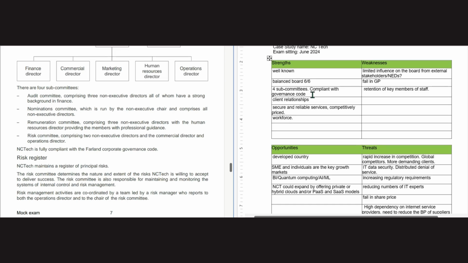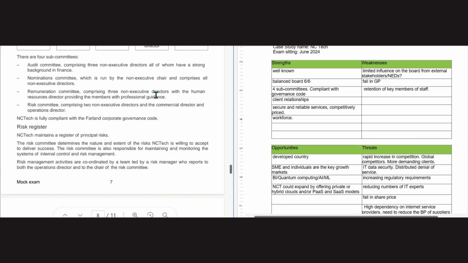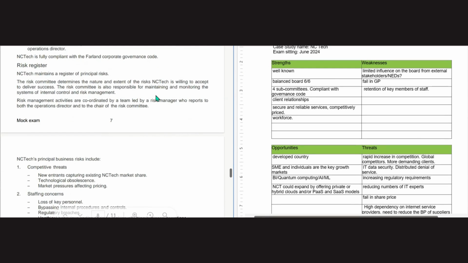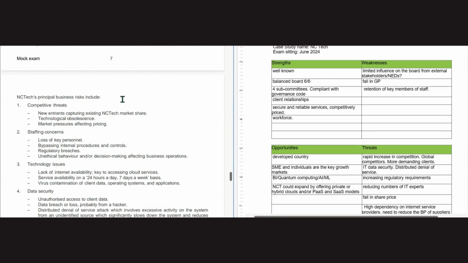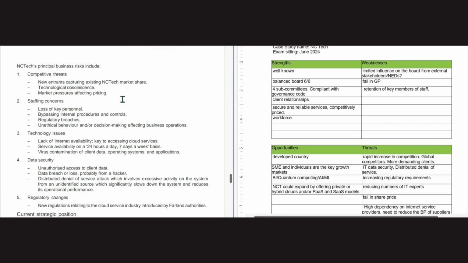Why are they strengths? Well, because stakeholders are more willing to deal with organizations that have strong corporate governance, and it looks as though these guys do have strong corporate governance. Okay, so whether it's banks or customers, suppliers, it doesn't matter. All right, then it talks a little bit about the risk register and what the main risks are.